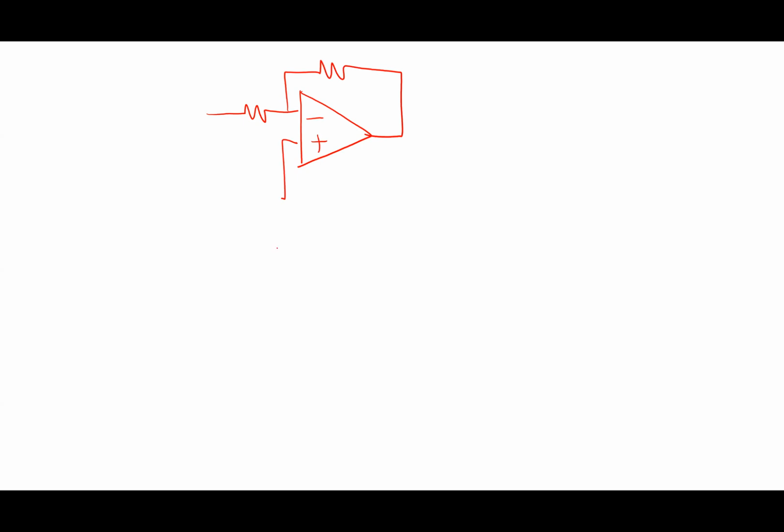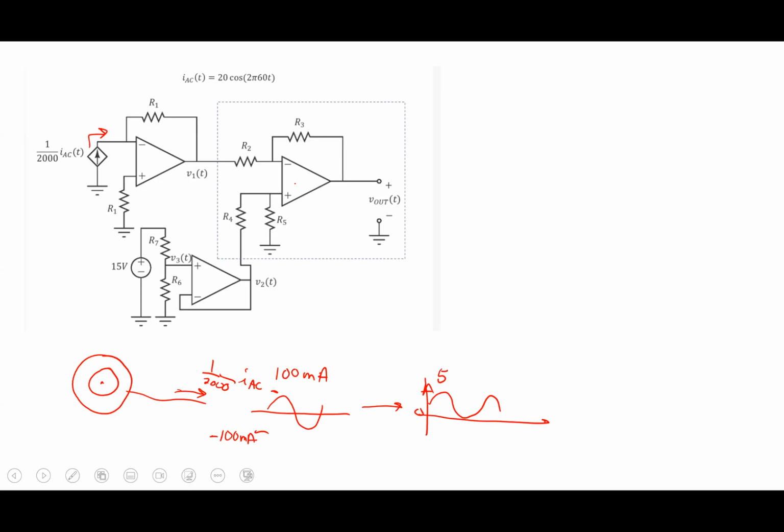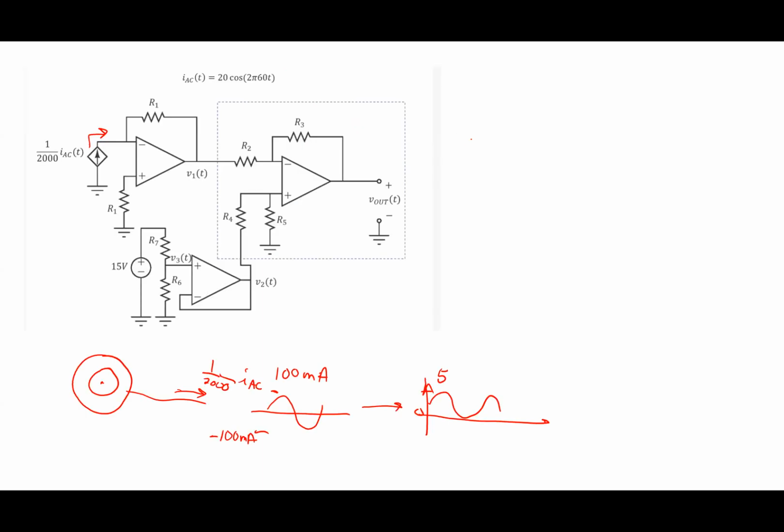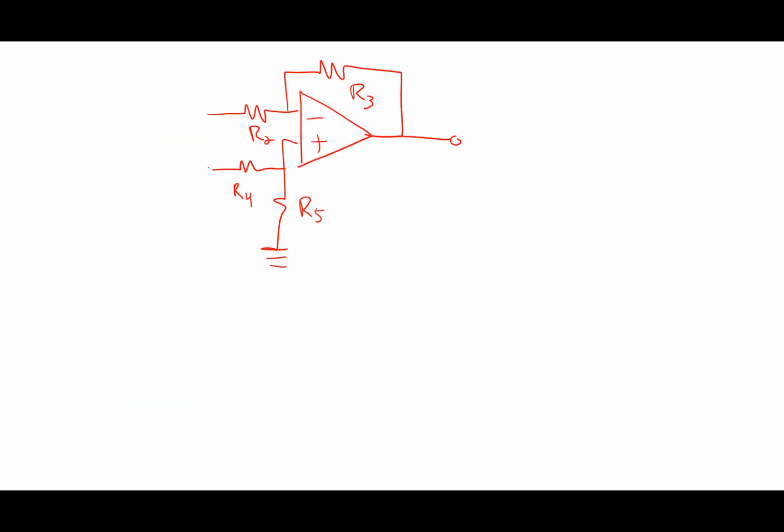Now, some of you might have looked this up online and already found the answer. There's a whole slate of common circuits. I call this V2, that's a node voltage. I call this V1, that's a node voltage. And this is V out, that's a node voltage.